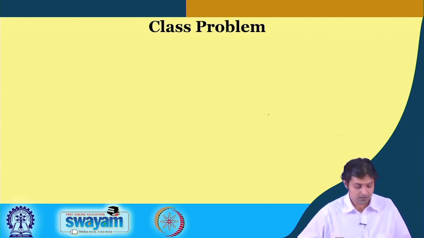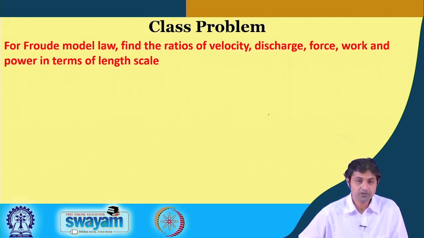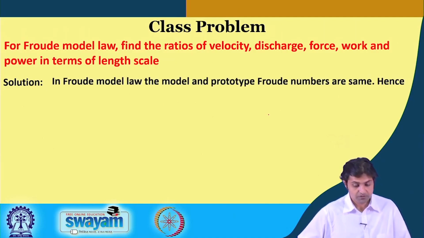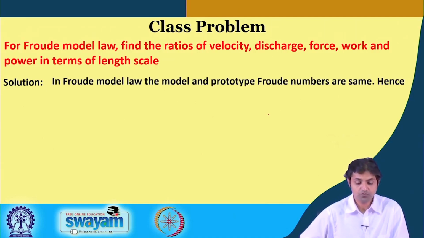So, we start by solving a problem. The question is, for Froude model law, find the ratios of velocity, discharge, force, work and power in terms of length scale. The way the solution will grow, in Froude model law, the model and prototype Froude numbers are the same, correct?